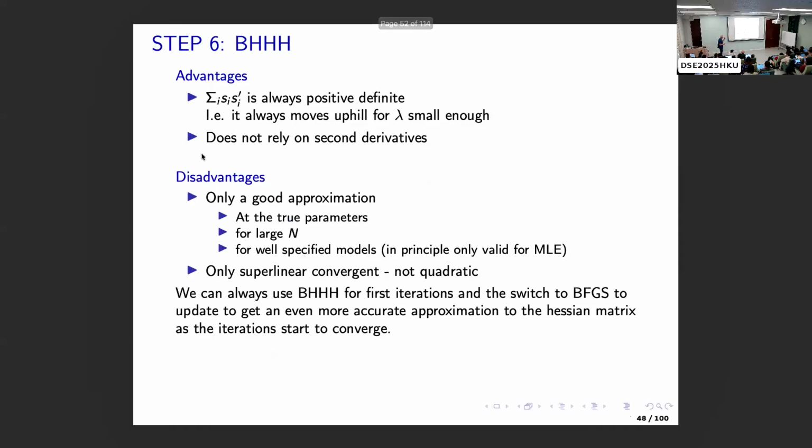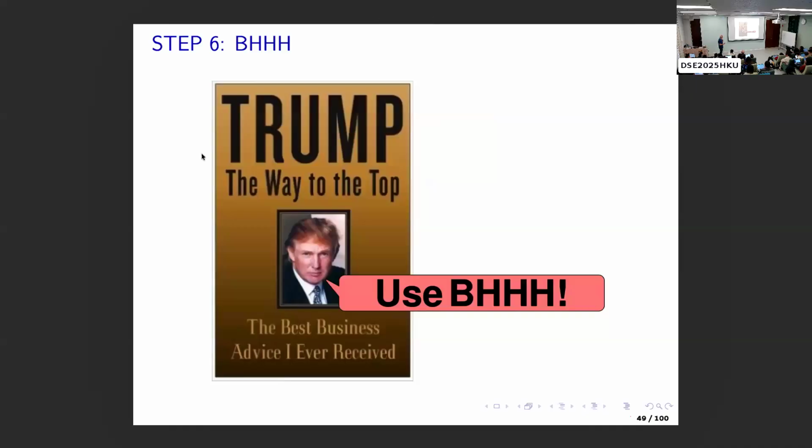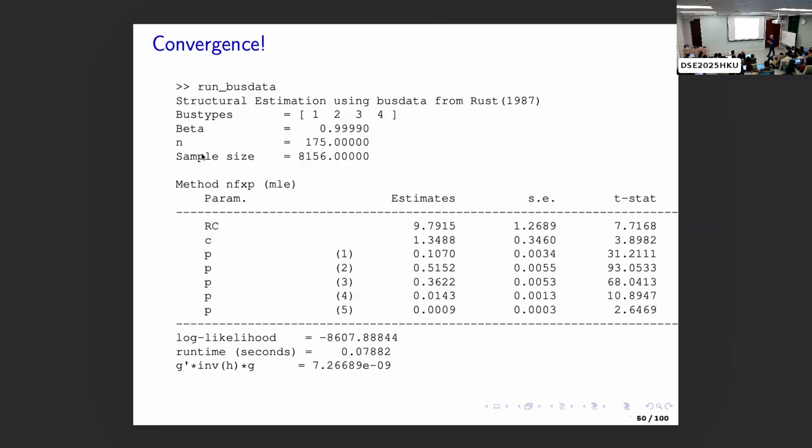Okay, so that's what Berndt would say. That's the way to the top. Use the BHHH algorithm because it saves you computational time, right? You only have to do the first order derivatives and always move in the right direction of the gradient. Maybe you overstep a little bit, but then you just do a little bit of line search. Okay, and then you get convergence.